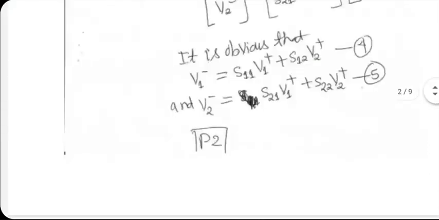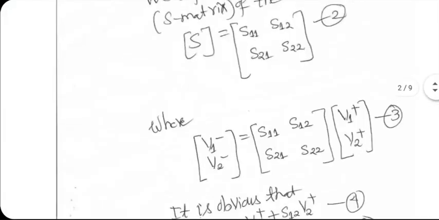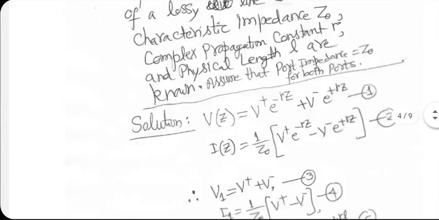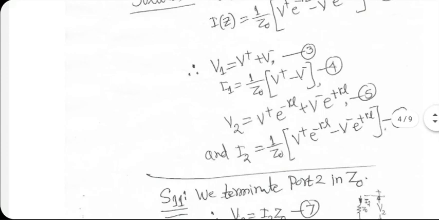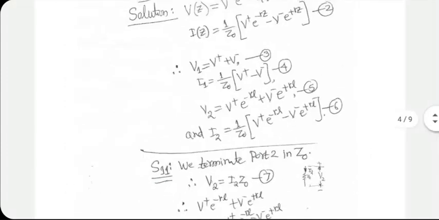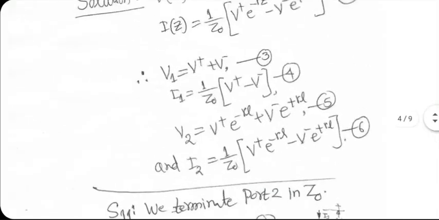Let's go to the equation for V2. V2 is supposed to be going in. That's the way S parameters are defined. So the incident component is the second term on the right hand side of equation 4. Think about it.